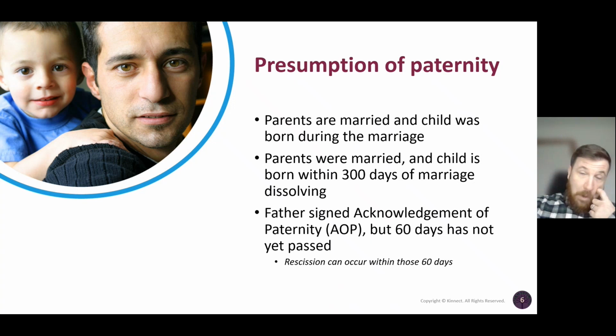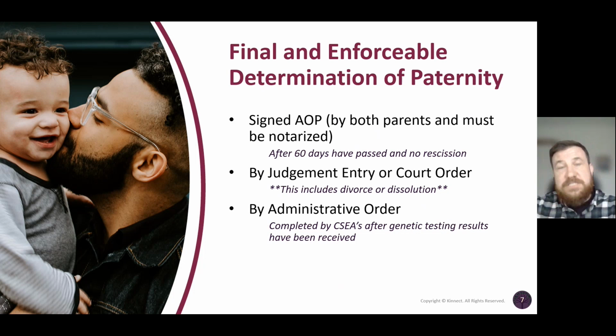Once all parties have signed that, that starts the clock on the 60 days. For the first 60 days, that's considered presumption of paternity. After 60 days have passed and there's not been a rescission, then it flips to final and enforceable determination of paternity.